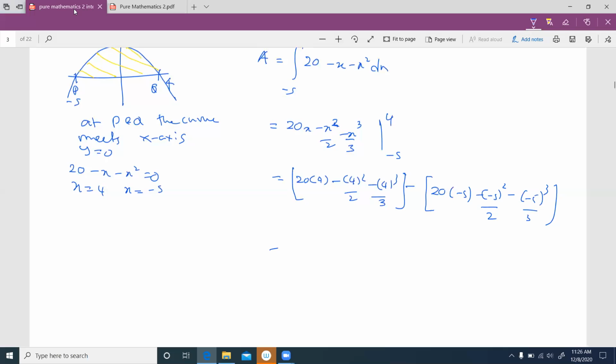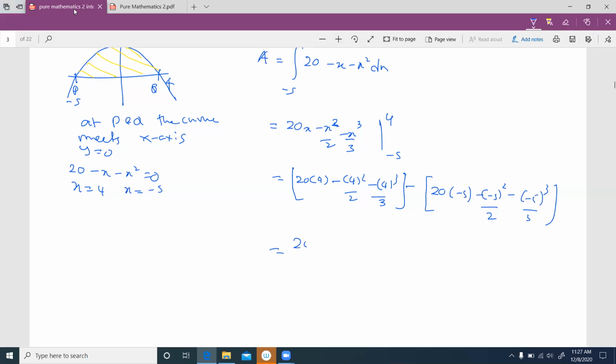With that, you get the final answer. If you simplify this, you get the answer 243 over 2 units squared.